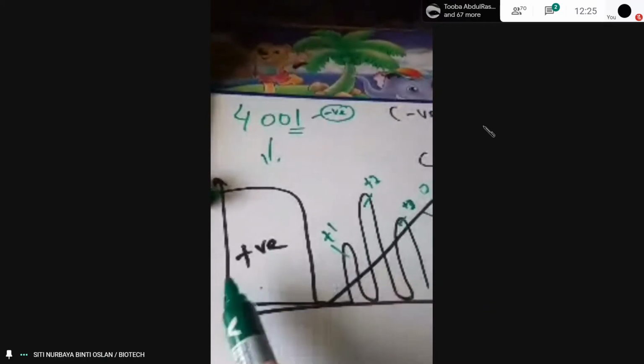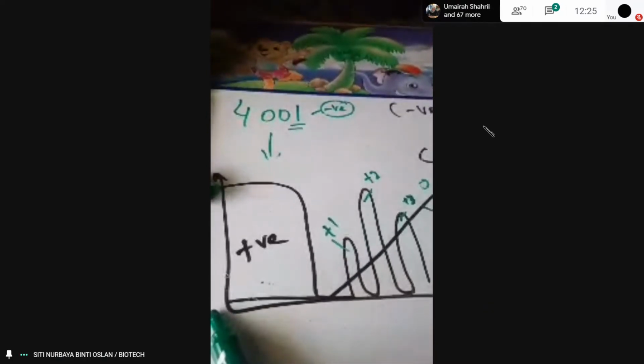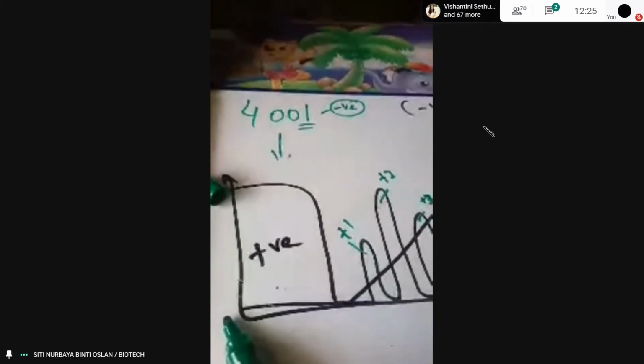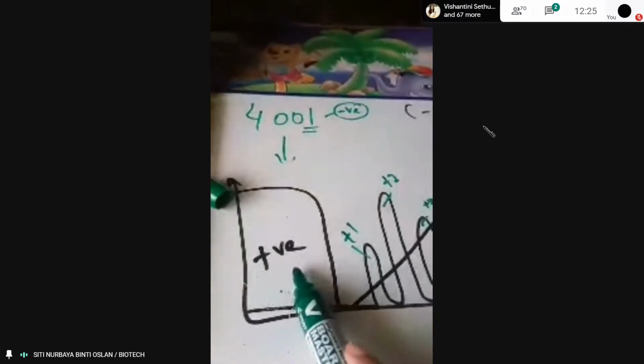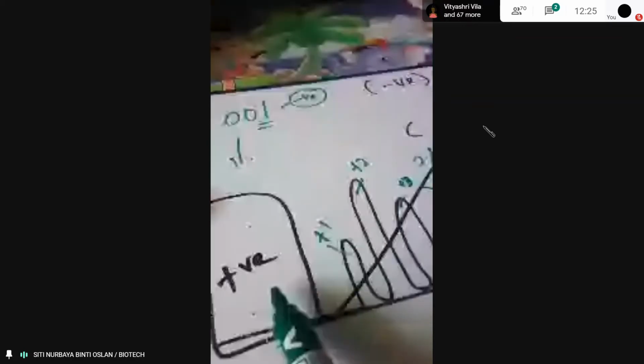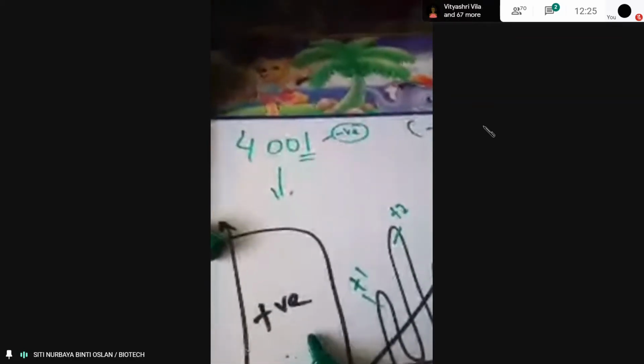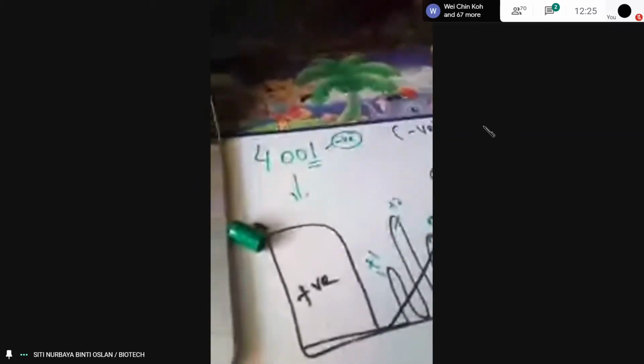If you use a negatively charged matrix, that means the first elution will be positively charged protein.